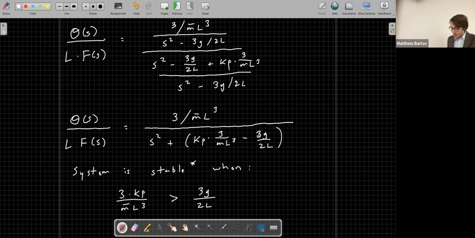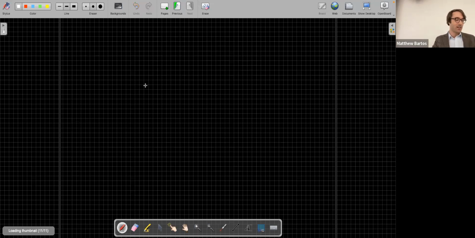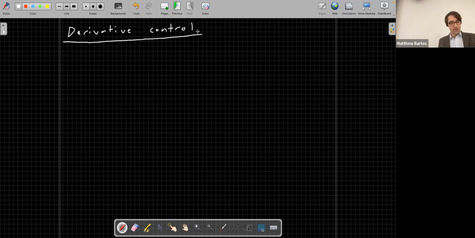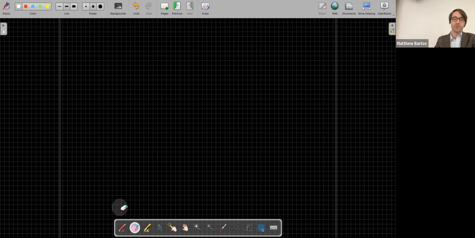So what we need to do next is create artificial damping to cause those transients to decay down to 0. We can do that with what is called derivative control. Actually, let me call this proportional derivative control, because derivative is almost never applied just by itself.